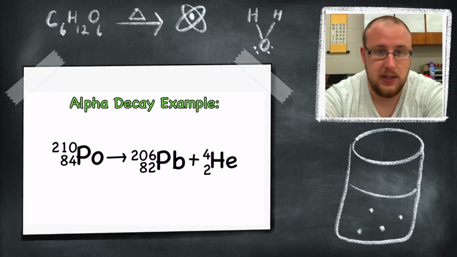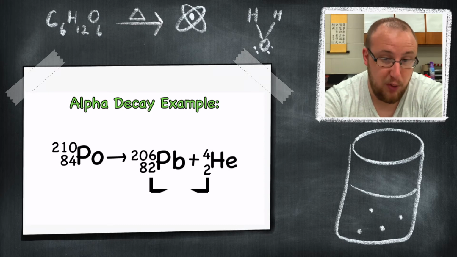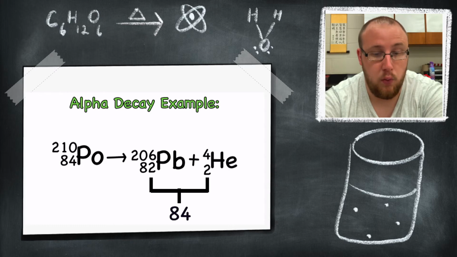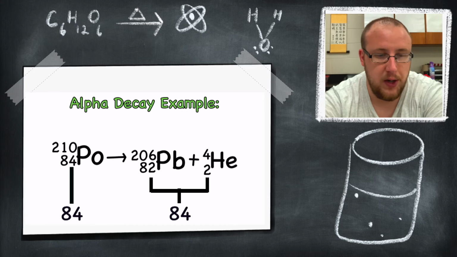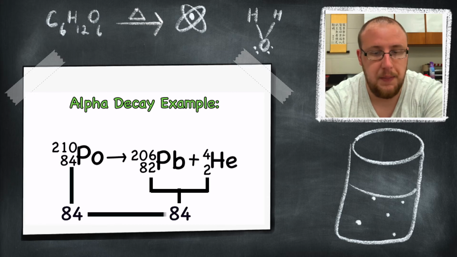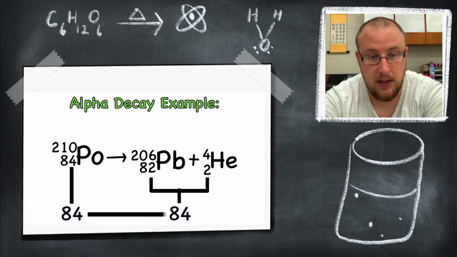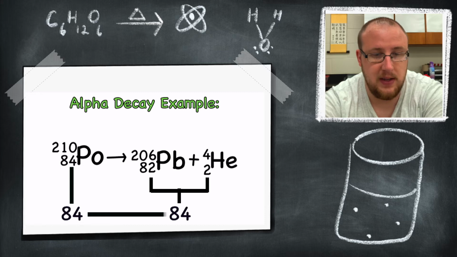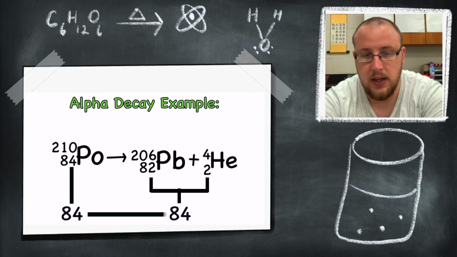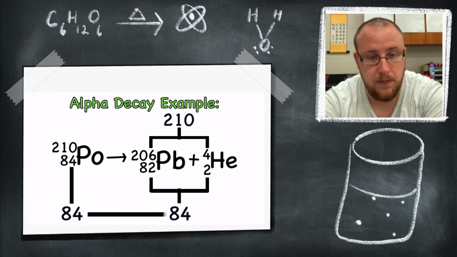But I want you to see that if we take the number of protons on the right side of the equation and the number of protons on the left side, they're going to equal each other because of the law of conservation of mass. If we take our atomic masses from both sides of the equation, they're also going to equal each other. So our 210 equals our 206 plus 4.